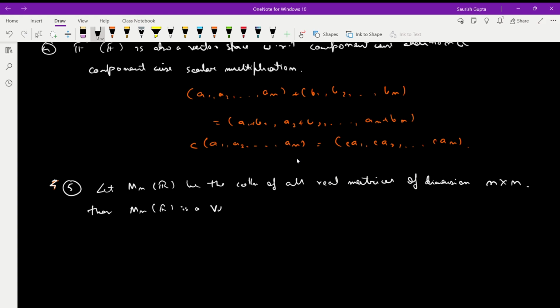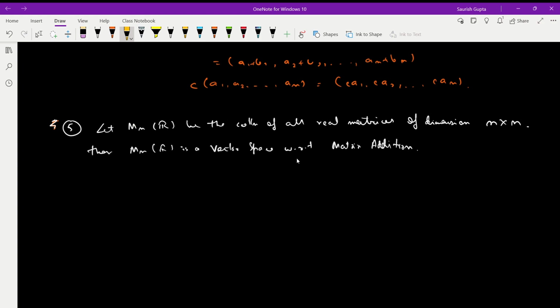Then M_n(R) is a vector space with respect to matrix addition. This is pretty easy to check. We will just go through the checking once.